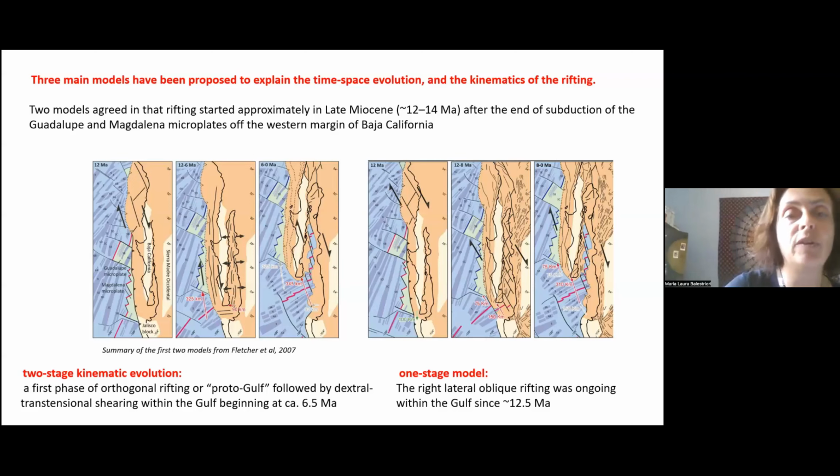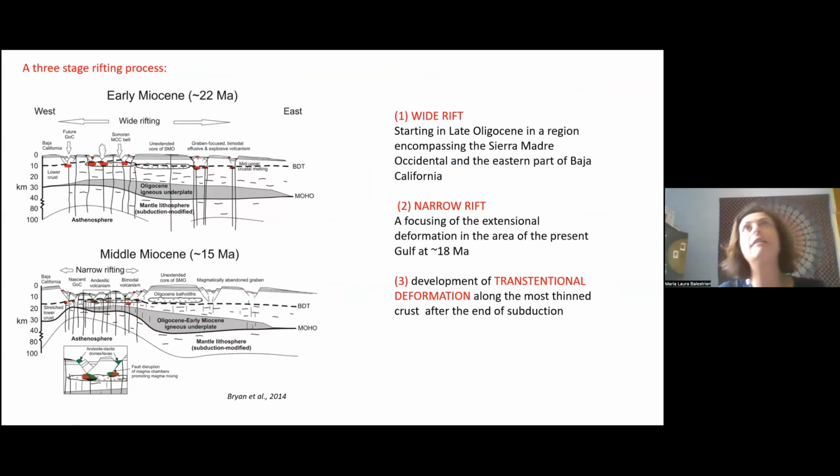Then there is a third model, called the three-stage rifting model, that envisages an onset of extensional deformation in the region of the Gulf much earlier, in the late Oligocene to early Miocene.